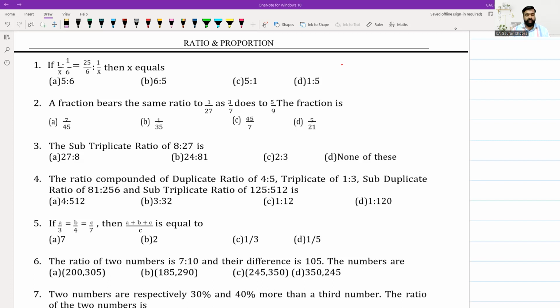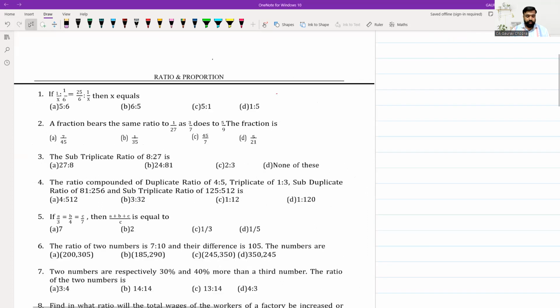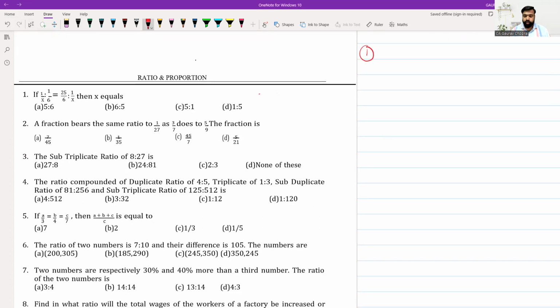So let's get started. Question number one: the ratio 1 by 6 is equal to the ratio 25 by 6 to 1 by x, and you have to calculate the value of x. Whenever two ratios are equal, they are said to be in proportion.